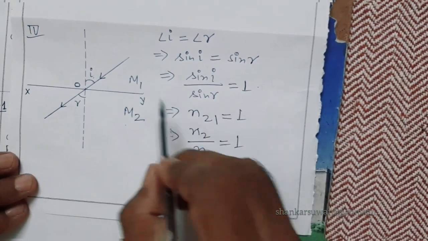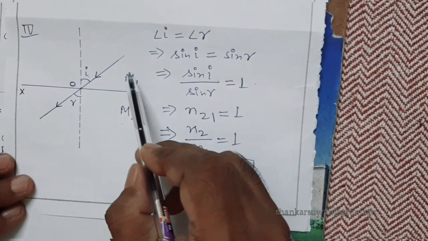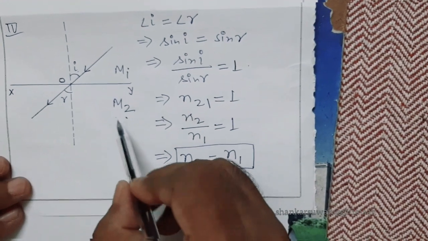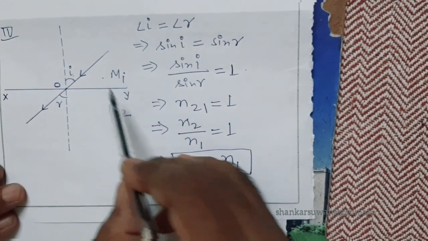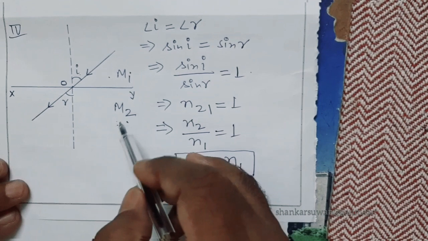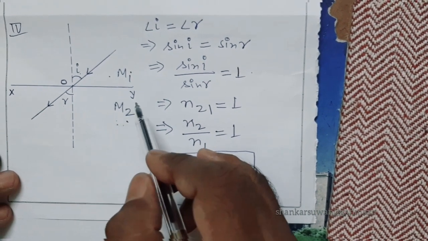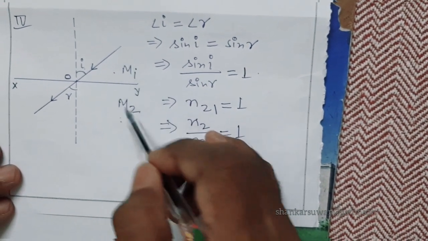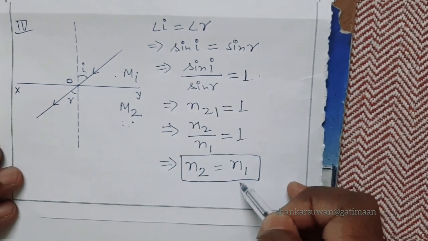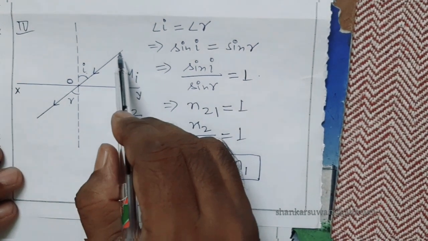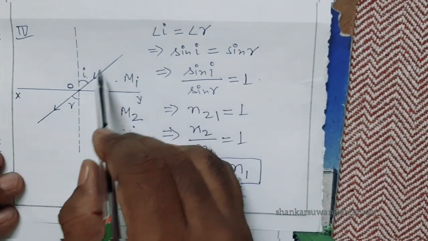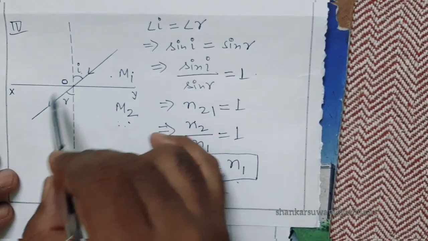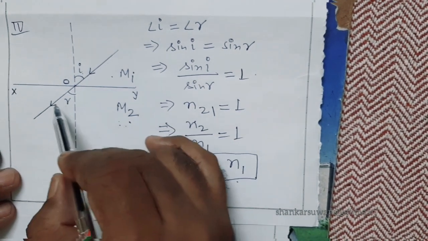So even if medium 1 is different from medium 2, if both media have the same refractive index, the incident ray will never deviate from its path, or there will be no bending of the incident ray of light.